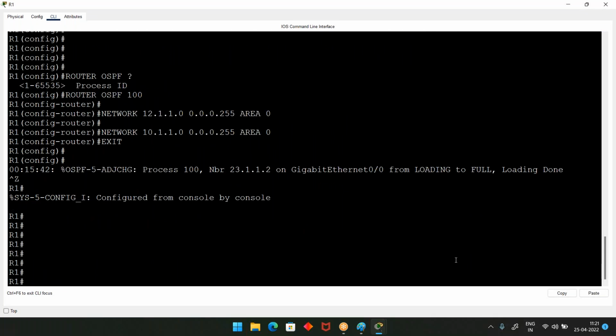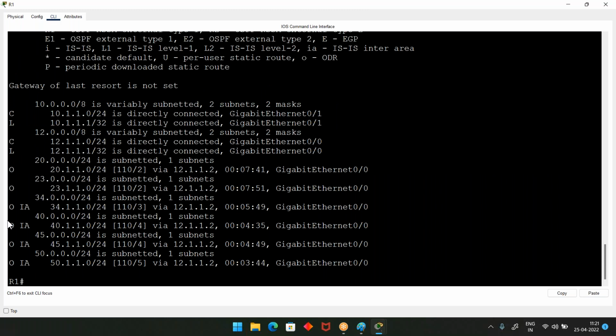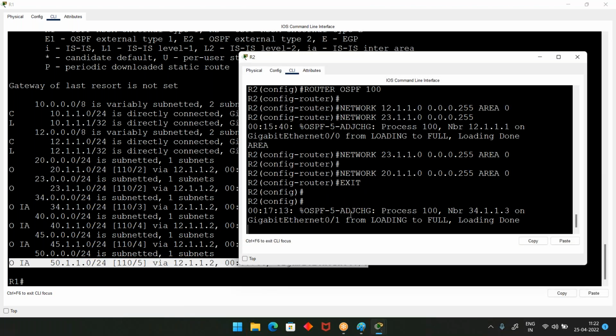Show IP route. In the R1 routing table, I can see 40.1.1.0 and 50.1.1.0 as well.